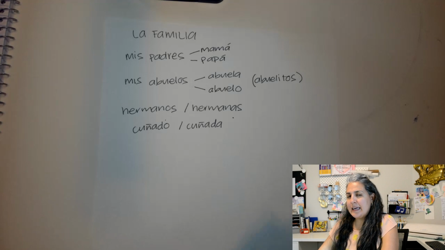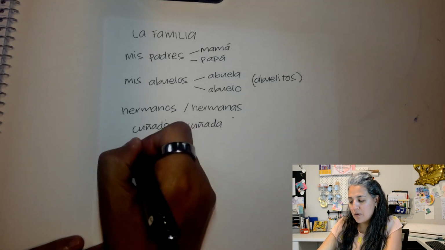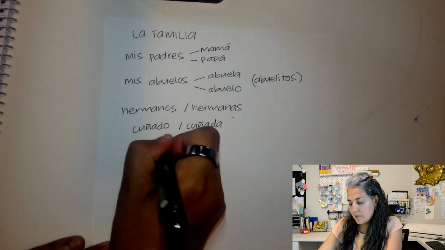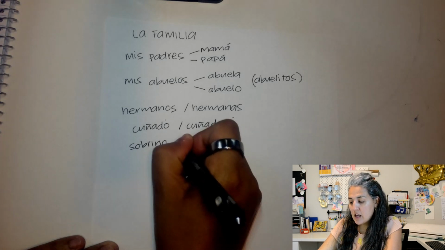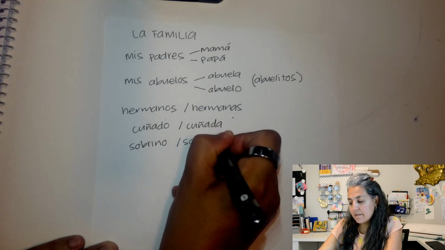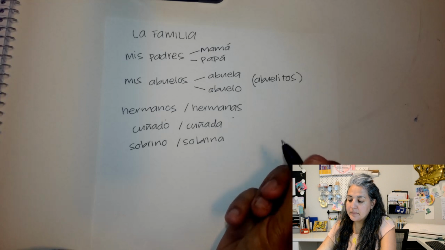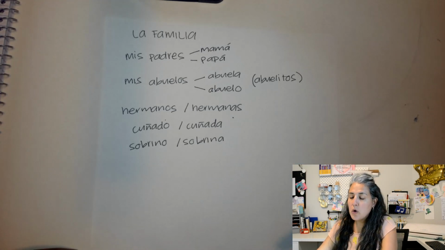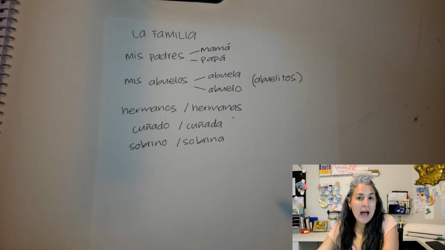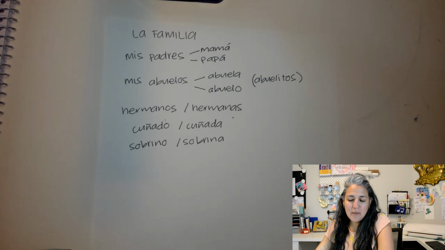Your siblings' kids, sobrino, nephew, sobrina, niece. So, hermano, cuñado, sobrino. Hermana, cuñada, sobrina. If we're talking about girls.